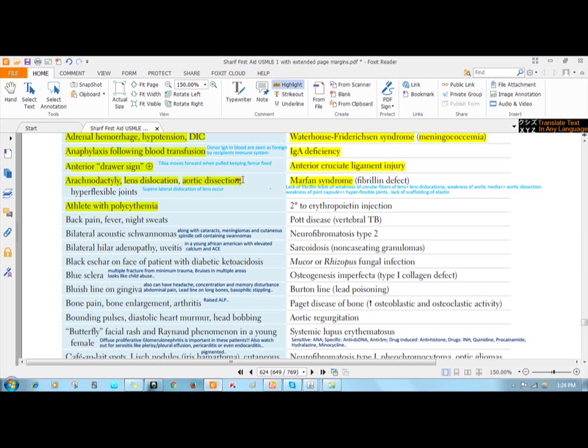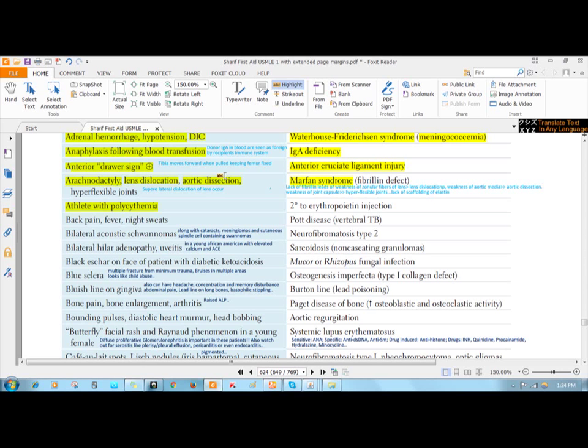So now those tissues are very weak, which will lead to weakening of the aortic wall, and this can lead to aortic dissection or even aortic aneurysm.